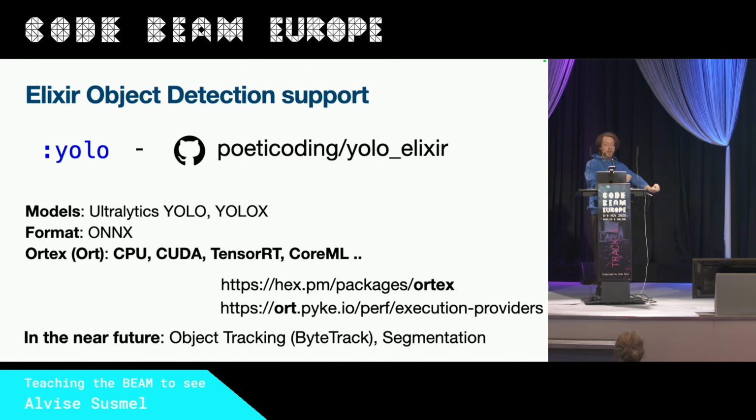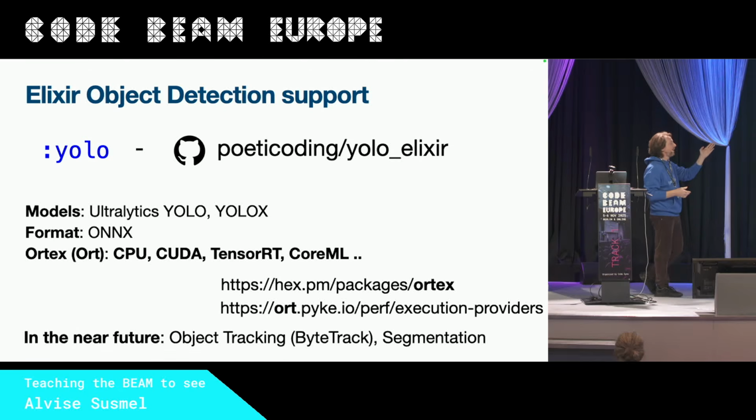So it supports the ONNX format because at the moment it is based on Ortex. Ortex is a NIF that uses ORT, which is a Rust library which runs the ONNX runtime.